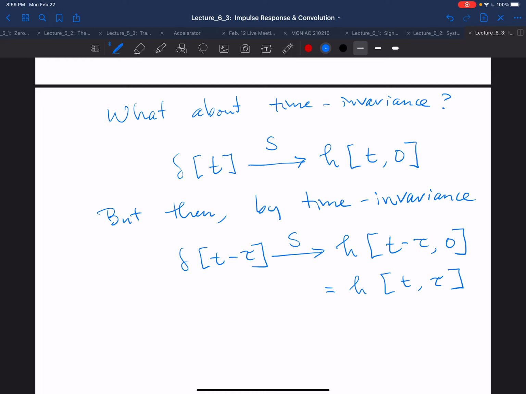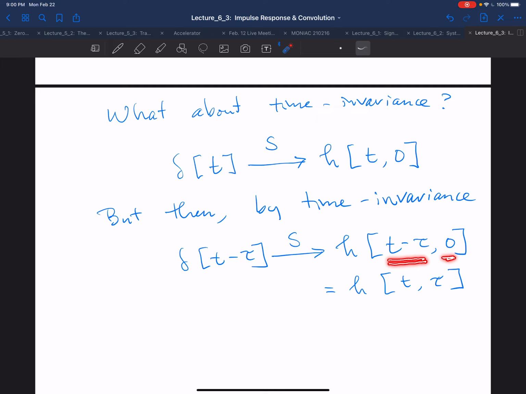So in fact, this function that we have written out as if it's a function of two variables, this h, we can think of solely as a function of one variable, because we've seen here that h of t, tau really only depends on the difference between t and tau. We can make the first argument t minus tau and then always have the second argument equal to 0. That will give us the same thing.